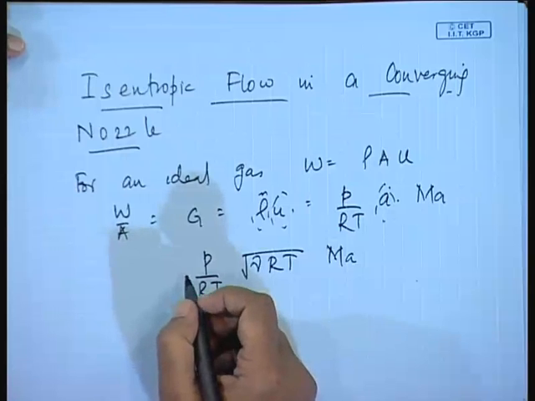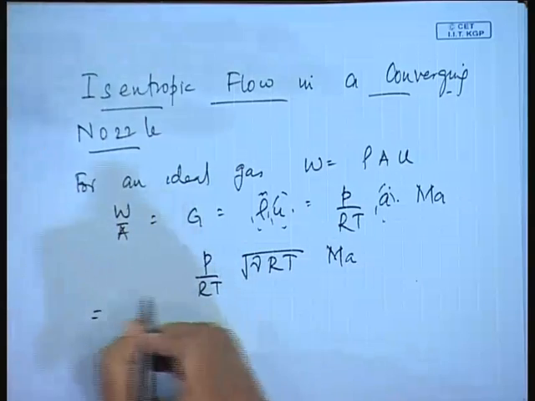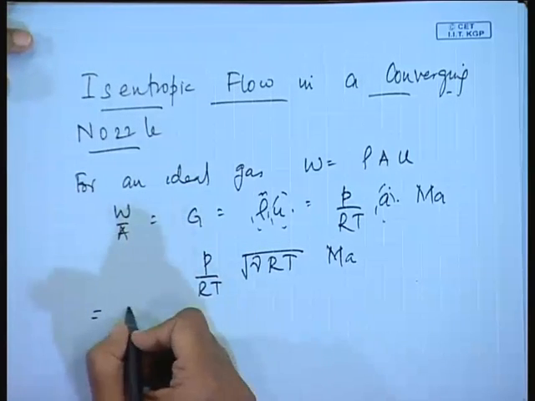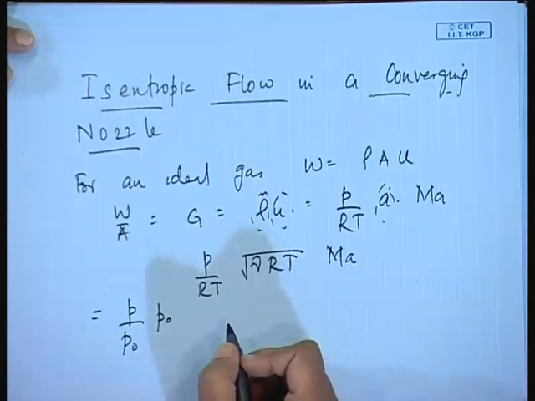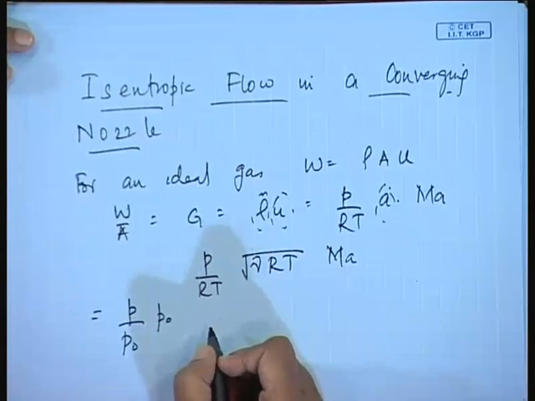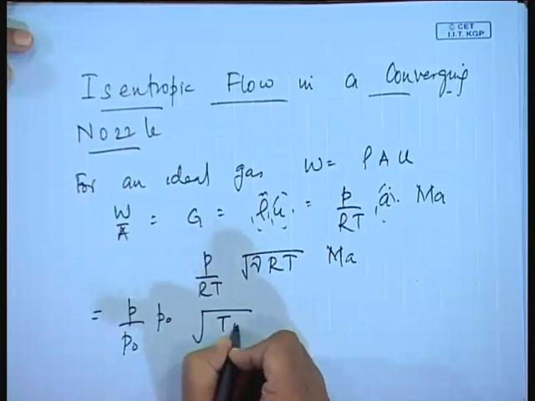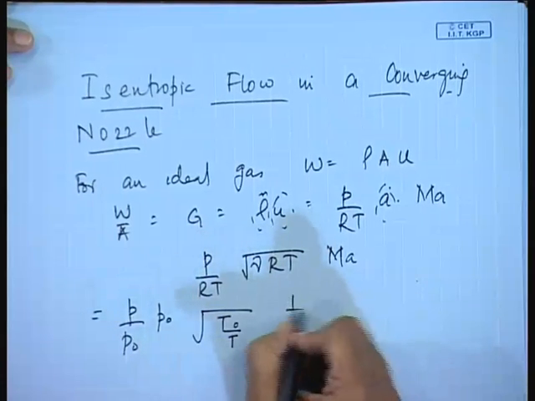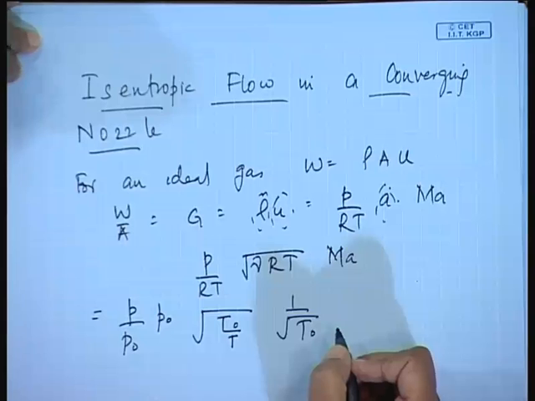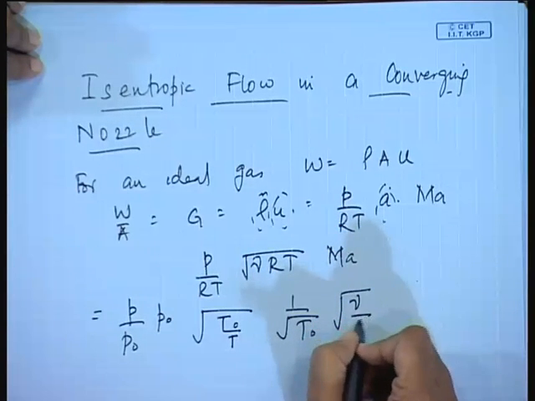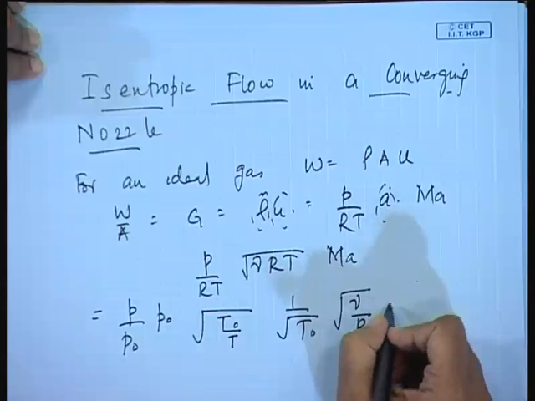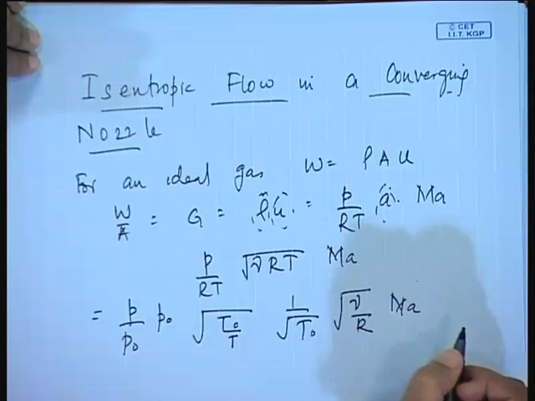So, after this we can just rearrange and we can write P by P0 into P0. We can do this, yes or no? Root over of T0 by T, root 1 by T0, fine, root gamma by R into Ma.